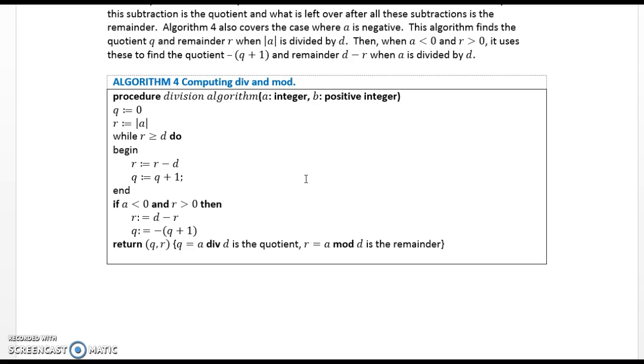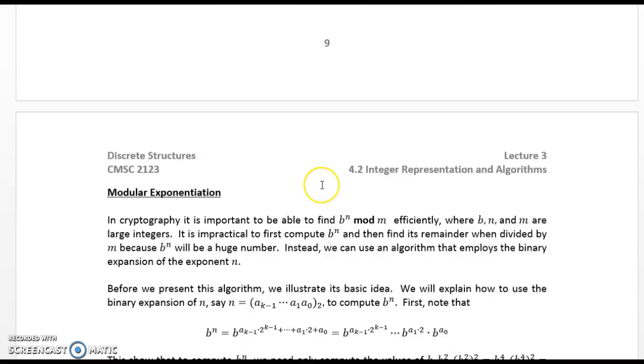And we use a similar technique for finding the remainder, the modulus.